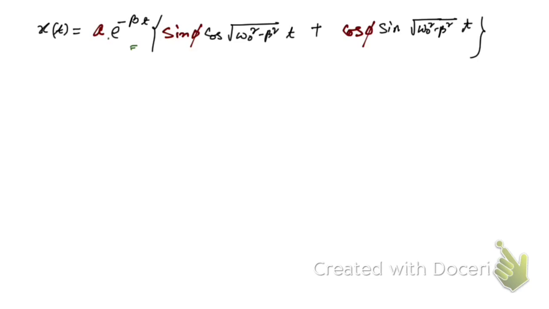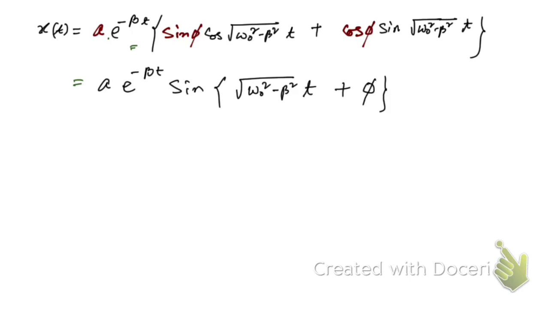Now you see, it can be written this way: a e to the power minus beta t. Using the trigonometric identity, we can write this as sine of root over omega naught square minus beta square t, sorry, I forgot the t, plus phi. Sine A plus B formula. Now you see here, this part is x of t.